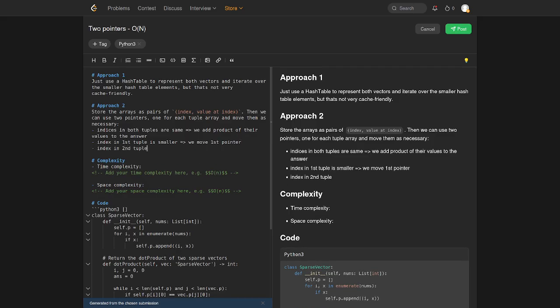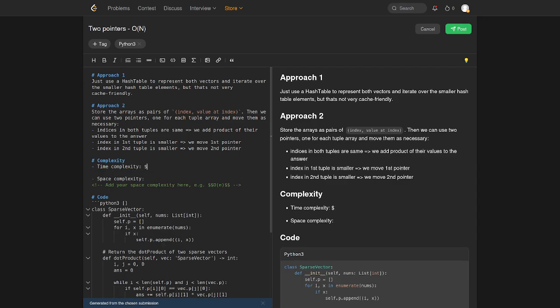If the index in the second tuple is smaller, we move the second pointer.